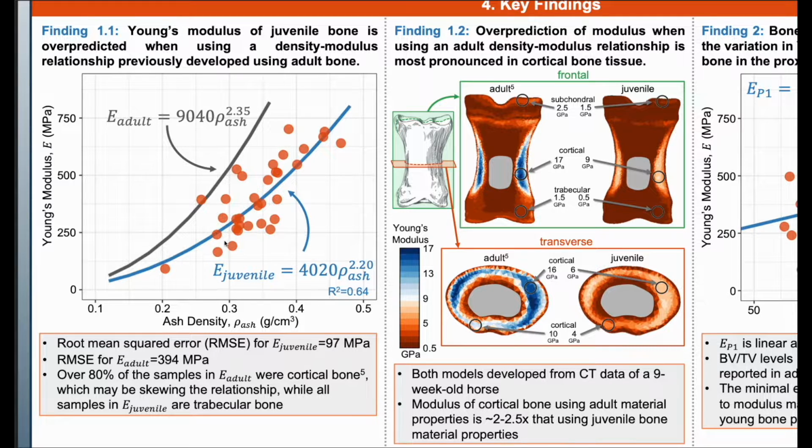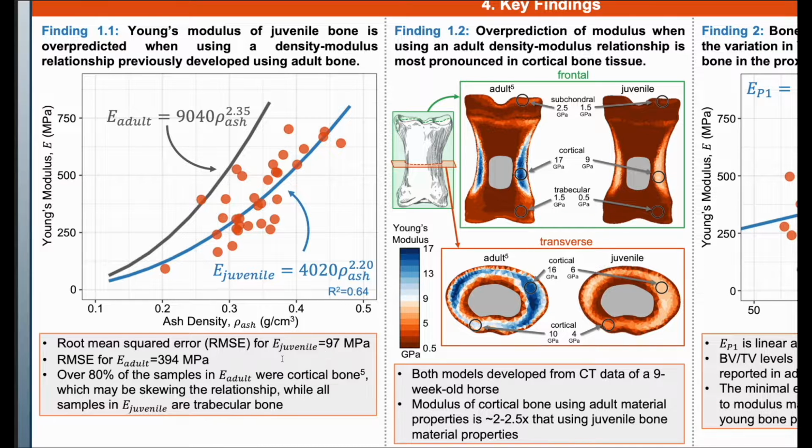So juvenile bone and adult bone require different density modulus relationships in order to describe the response of the bone. So you can see the relationship here. It has an R squared value of 0.64, meaning 64% of the variation in modulus is explained by ash density.